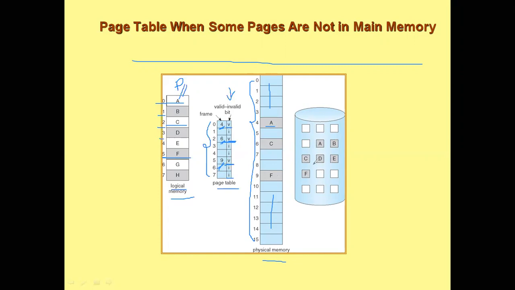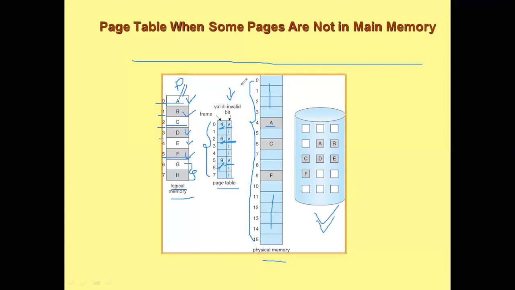And remember, here we have A, B, C, D, E and F. What about G and H? G and H are not in the secondary storage either, so they are invalid.